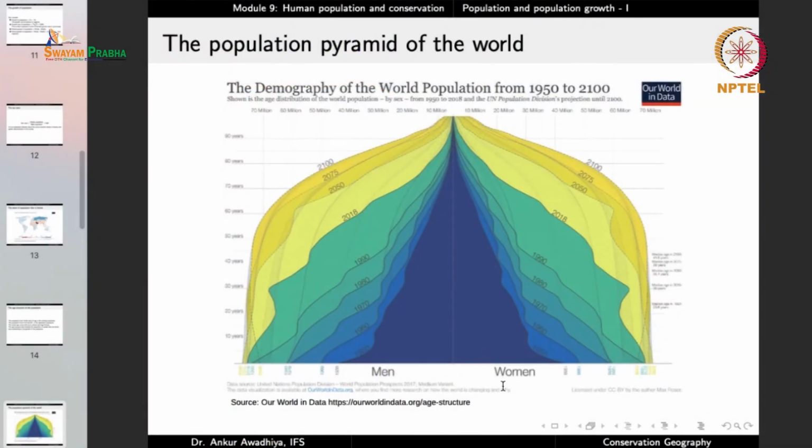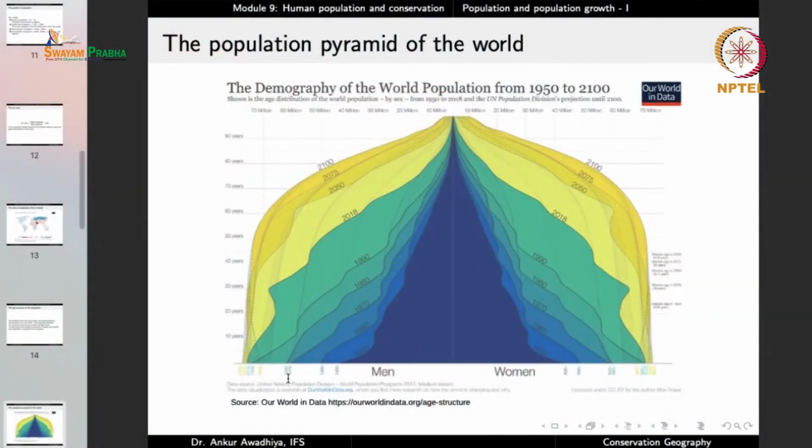Now if we have a look at the world population pyramid, in the 1950s we had this pyramid with a large base showing that a large number of children were being born, and as we increased in age, the population size reduced, or the proportion of the old age people was less, showing that we had a high birth rate and a high death rate.